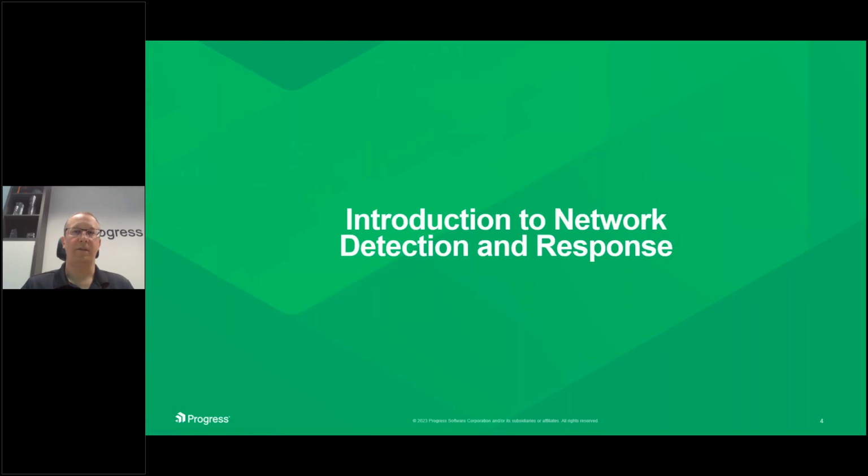So what is network detection response, or NDR? NDR is a technology that is designed as a second layer of defense whenever there is a threat that is not being blocked by firewall or that is not being neutralized by endpoint detection response, and that threat is becoming active in your environment.